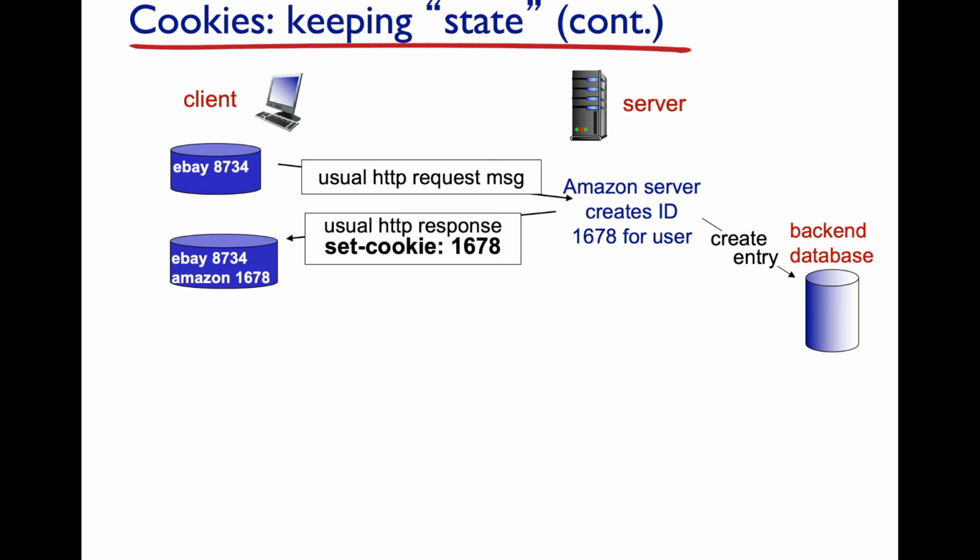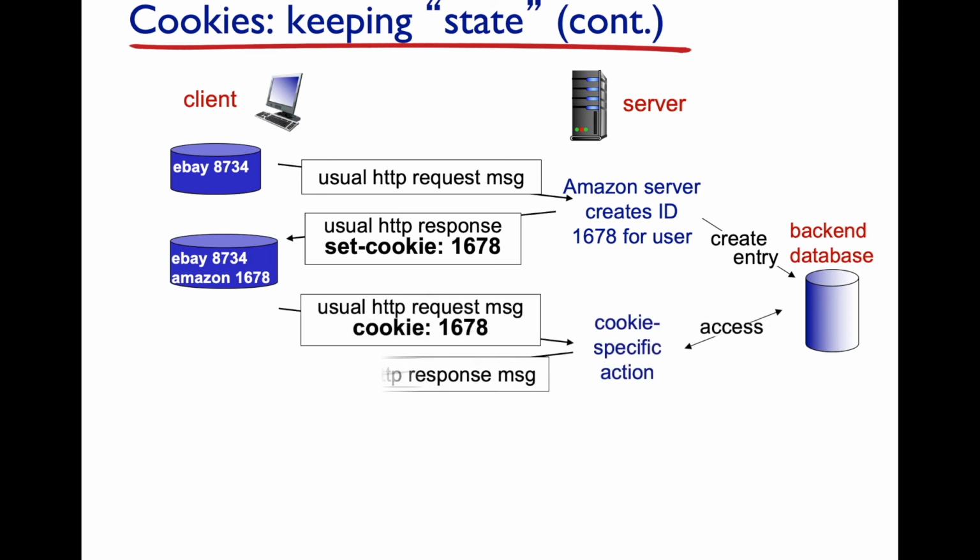So you search and search and search, and it identifies you by this cookie ID, 1678, which specifically identifies your browser as your identity. So now, subsequently, you initiate a new request to get content from the Amazon web server, and your client says, oh, I'm going to Amazon.com. There's a piece of cookie information for Amazon.com. Let me go ahead, read it. I see it's 1678, so I'm going to furnish that and include it as the cookie header line entry, 1678.